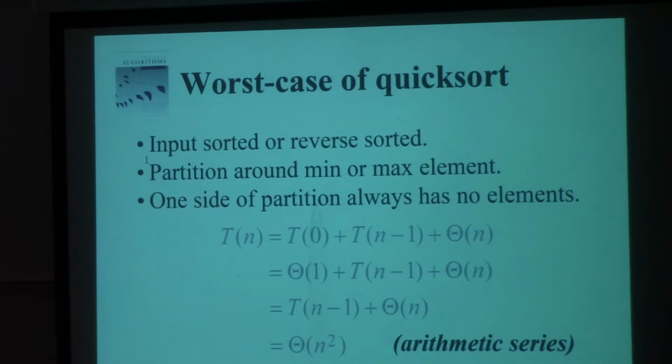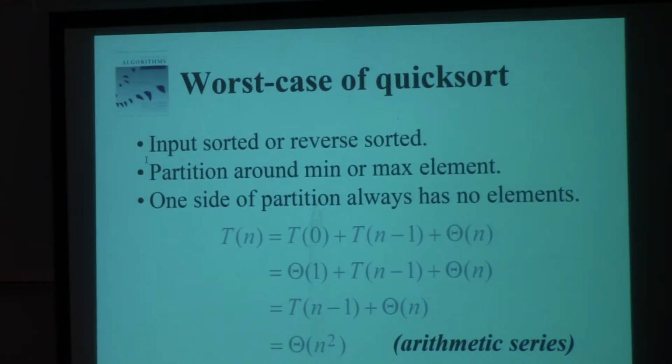Yeah, that's the actual cost. The only work being done in Quicksort, the only real work is the partition cost. So theta n is the partitioning cost. Now t of 0 you can say is theta 1, but theta 1 gets absorbed into theta n. So now we have theta n minus 1 plus theta n. This is an arithmetic series, which becomes n squared.